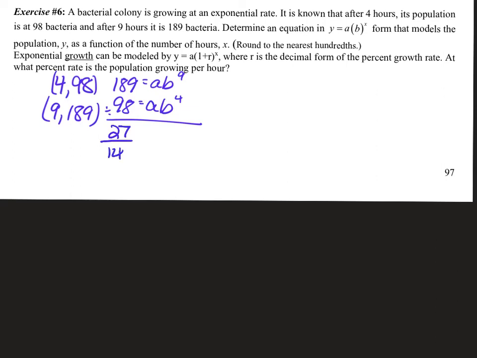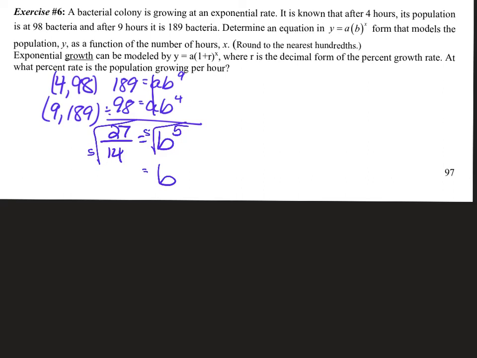So 27 over 14 equals, my a's cancel, and then I get b to the 5th power. Oh, this is going to be funky. All right. I can see it already because I know that I have to take the 5th root of both sides, right? And the 5th root of 27 and the 5th root of 14 are not going to be pretty.